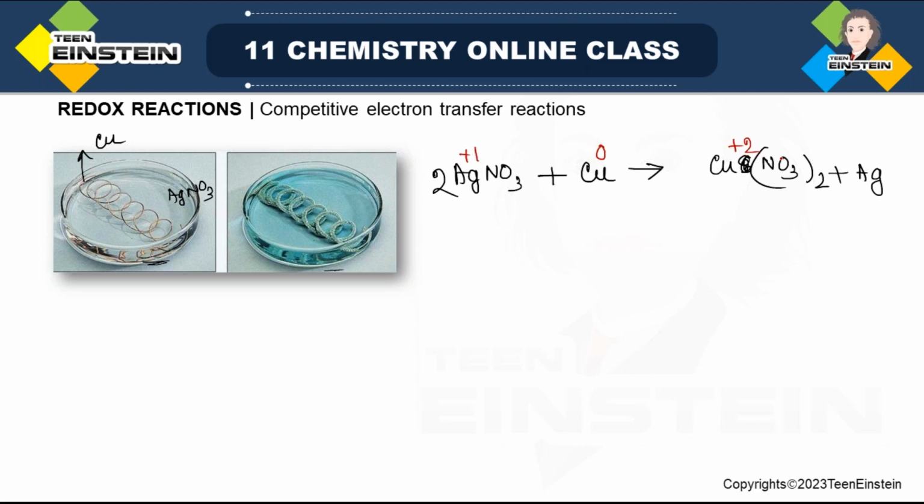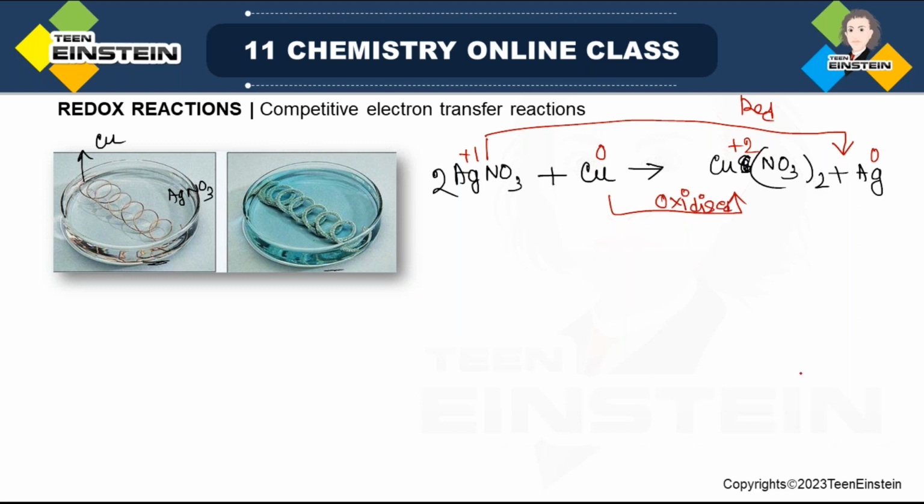After the reaction, copper is 2 plus and silver is 0. So silver is converted to Ag. This is reduction, and copper is donating electrons towards silver and itself is oxidized to copper 2 plus.